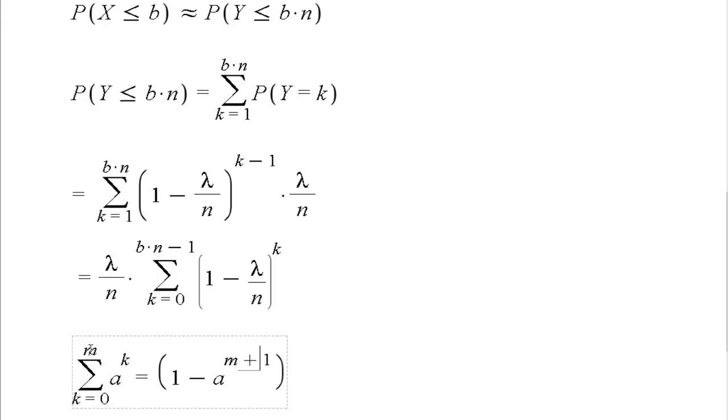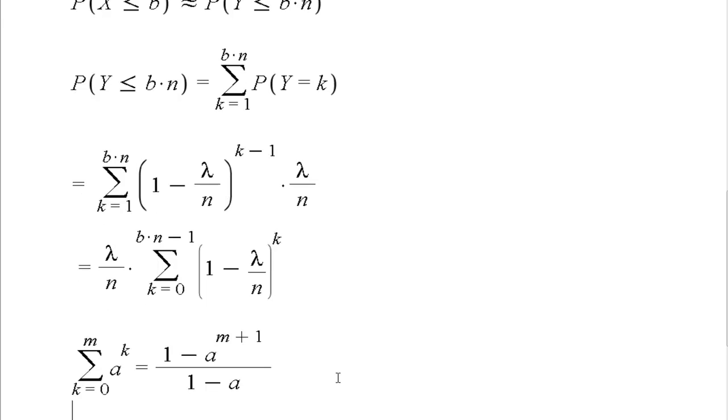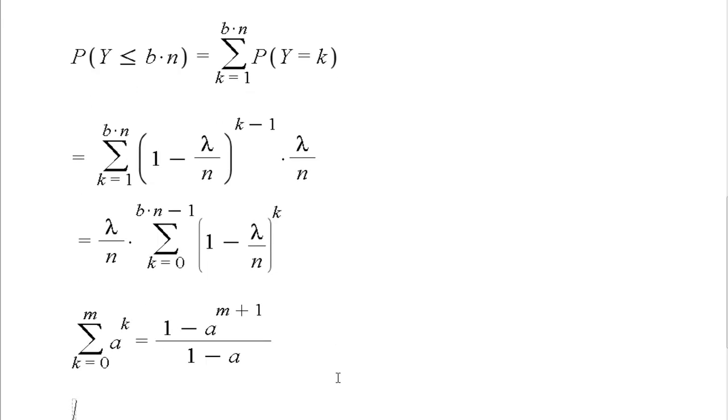It's 1 bigger than the upper limit of summation, divided by 1 minus a. I just had those parentheses there, so it'd do the whole thing divided by 1 minus a. I'm going to take those off now. Okay, so that's a formula that you saw in calculus class, may or may not remember, and sometimes it shows up in algebra classes, if you have an algebra class that gets into geometric sums.